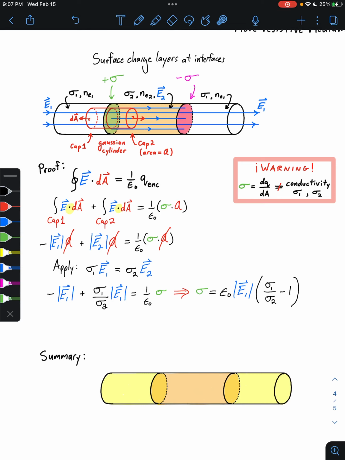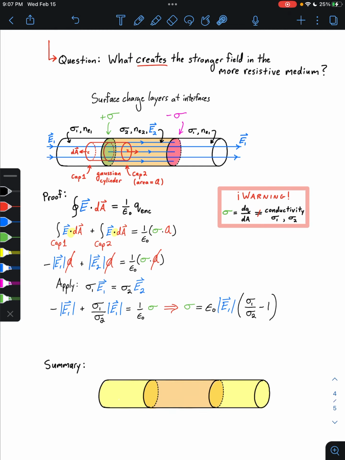If then we apply the same Gaussian argument over on this transition, in this case, we would have like sigma 1 would be this side and 2 would be that side. Anyway, if this ratio were less than 1, then we would get a negative surface charge density, which is what we have here at this surface. All right.